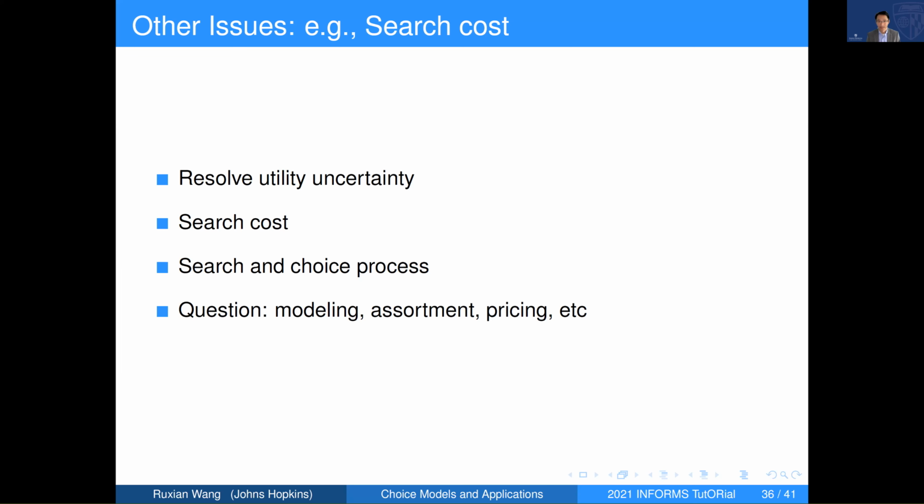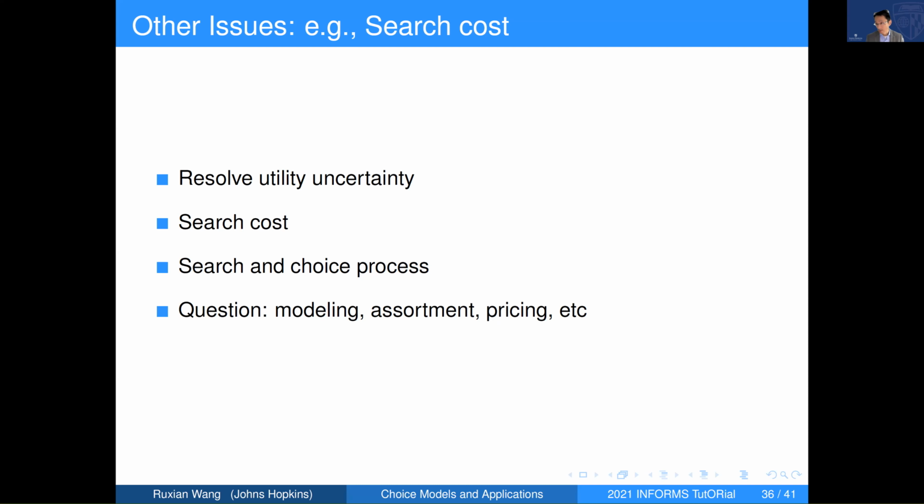And after they figure out the product utilities, they choose the one they like the best, the one that gives them the largest net utility. Here we say, collecting product information is costly, is time consuming. There may be a search cost. How can we incorporate such cost into consumer search and choice behavior? That's a big issue here.